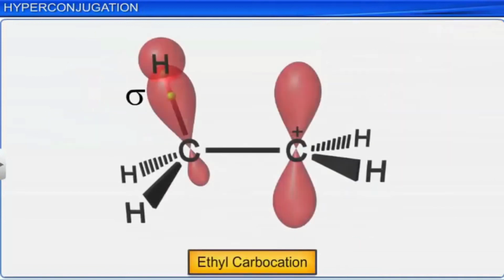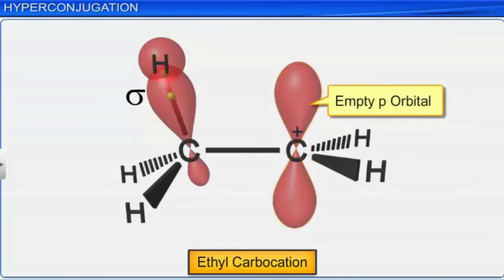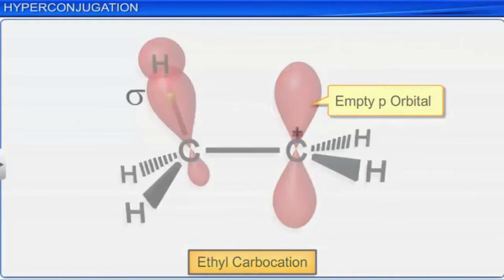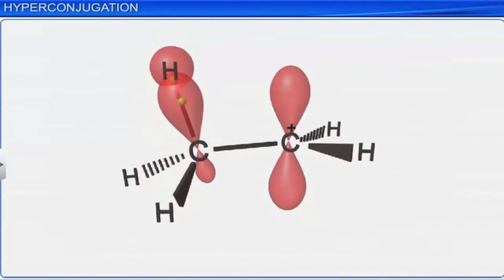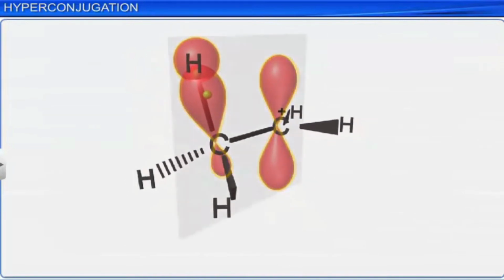Let us take the example of ethyl carbocation to explain this effect. In ethyl cation, the positively charged carbon atom has an empty p orbital. One of the carbon-hydrogen bonds of the methyl group aligns in the same plane with the empty p orbital of the positively charged carbon atom.